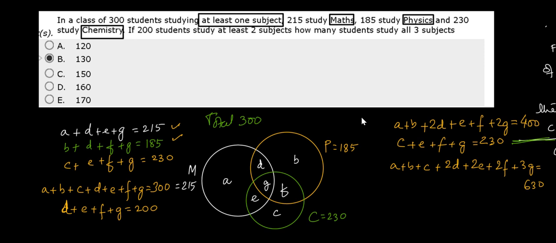Clear? Now what does this tell us? A plus B plus C, those studying only one subject, plus two times those studying two subjects, plus three times those studying all three subjects, is equal to 630.